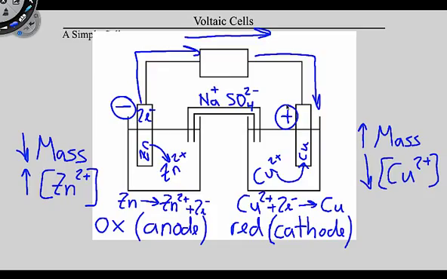Current flow always goes from negative to positive. But doesn't that make sense because electrons are negative and we've got a greater number of electrons on the negative side than we do the positive side? And so just like water flowing downhill, if we've got more electrons over here than we do over here, the electrons flow from the negative anode to the positive cathode. So current flows from negative to positive.